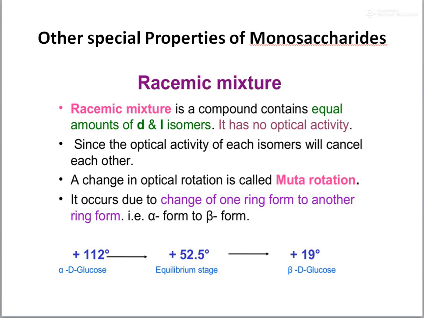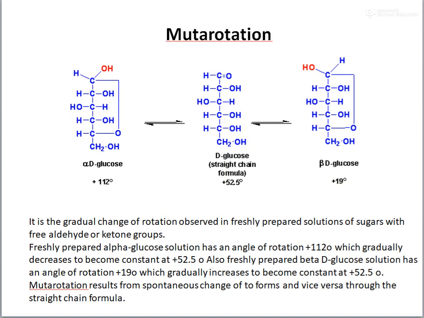Let me explain it from a different point of view. If I take a freshly prepared solution containing alpha D glucose and pass plane polarized light through it, it will have a specific angle of rotation of 112 degrees.